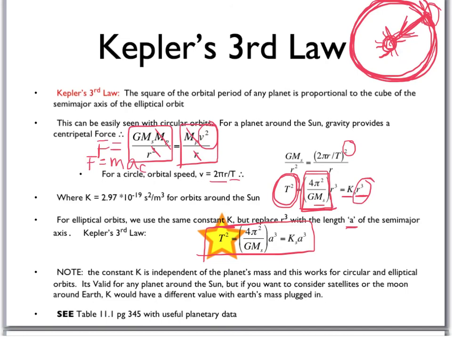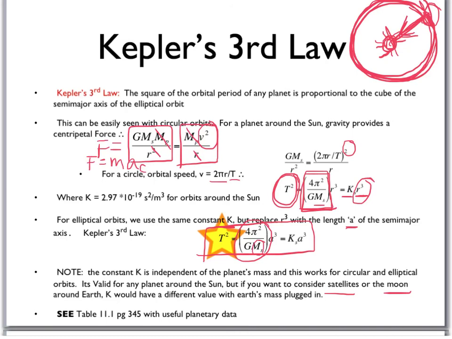For example, you might look at a satellite orbiting the Earth, or maybe a moon orbiting another planet. That K value is going to change. So you would have to plug in, again, the mass of that particular thing that it's orbiting into here to figure out what that K value is going to be for your new object that you're orbiting.